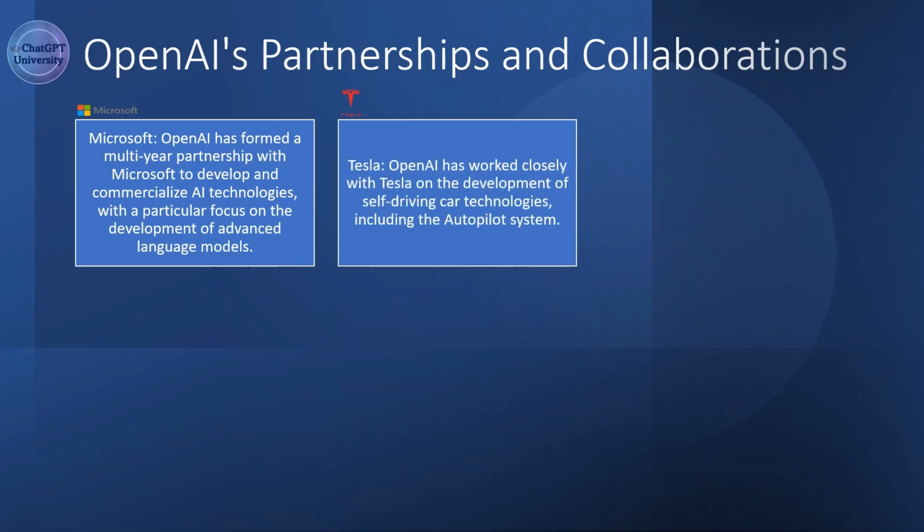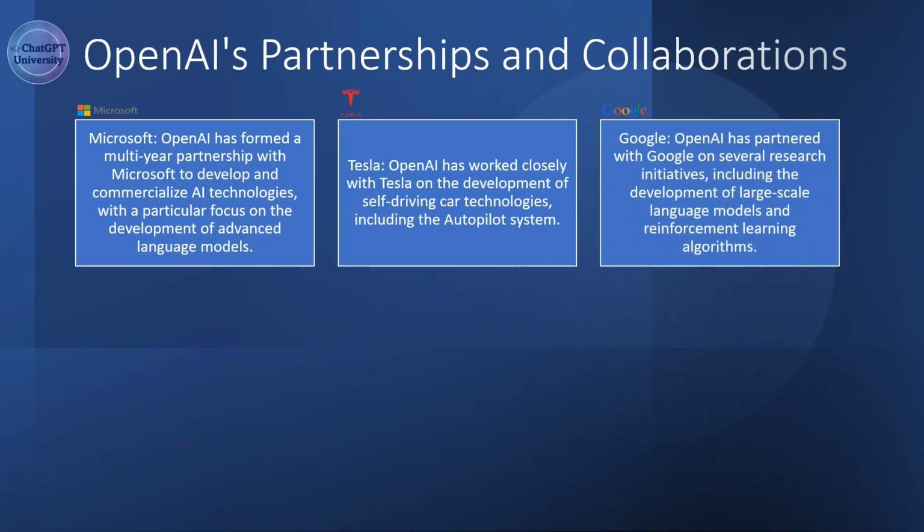OpenAI has worked closely with Tesla on the development of self-driving car technologies, including the autopilot system. OpenAI has partnered with Google on several research initiatives, including the development of large-scale language models and reinforcement learning algorithms.